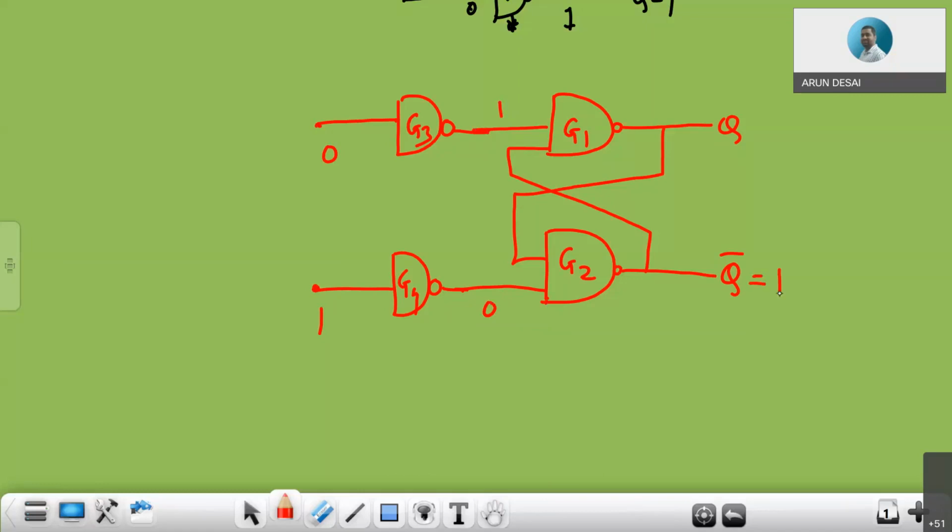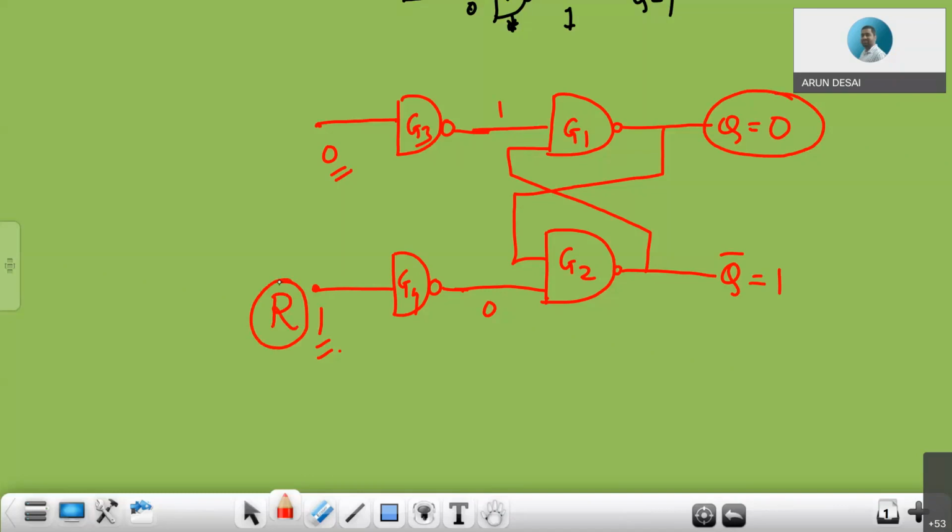If Q bar is 1, that means this is 0, right? So if we have 0 here and 1 here, that means the output is 0, or you can say reset. So you call this the reset input, right?